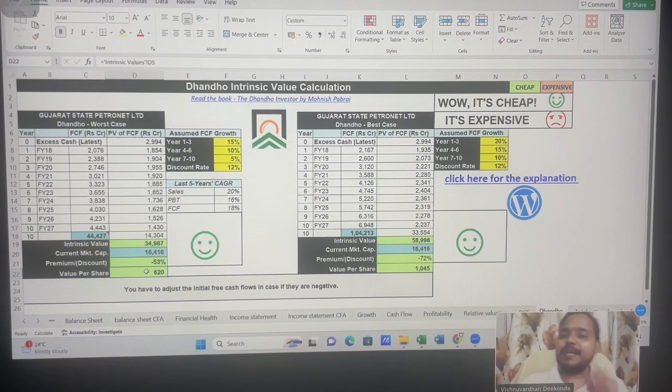Worst case value is 620, best case value is 1000, and with DCF it is somewhere around 720 to 750, somewhere in between. But I am not going to focus too much on the higher end. I am going to check what the worst case valuation would be, around 600. The current share price is around 290. So even with the worst case valuation, it is extremely cheap.